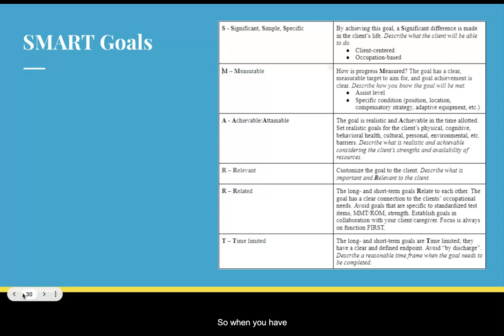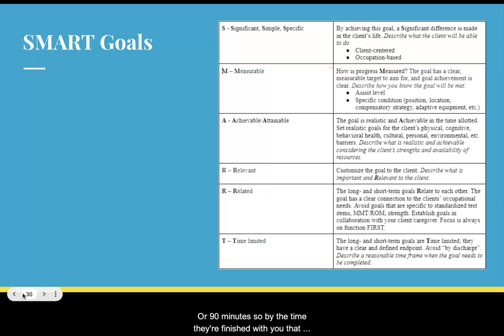So when you have assessed your client, you've synthesized and interpreted their information, you've identified what their length of stay is. They're going to be with you for 2 weeks. You're going to see them 5 times a week for 60 minutes or 90 minutes.